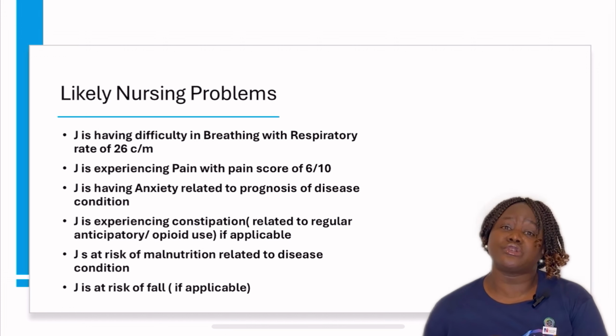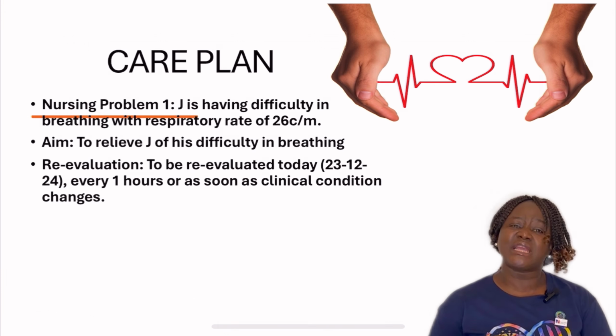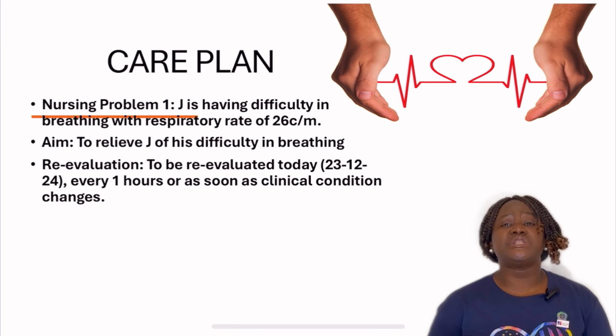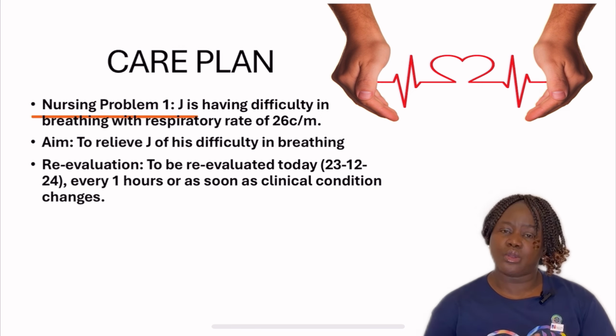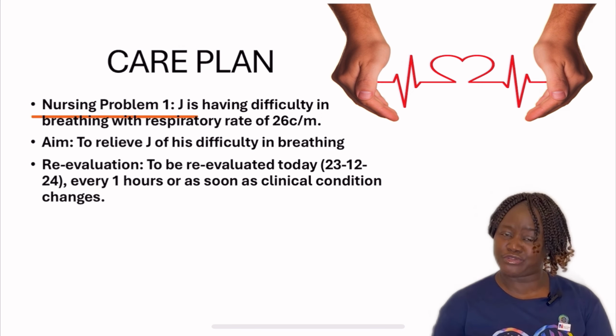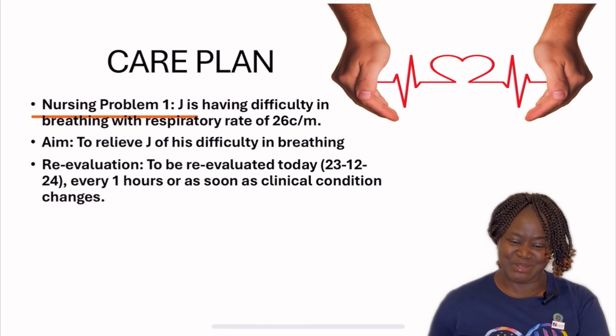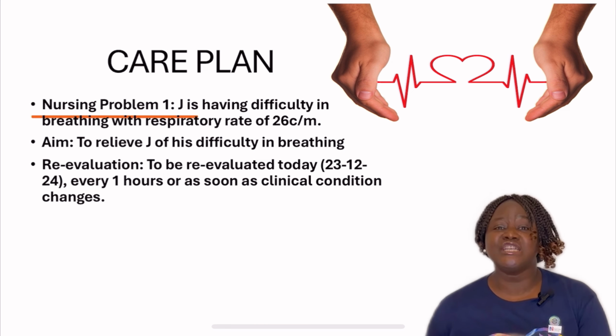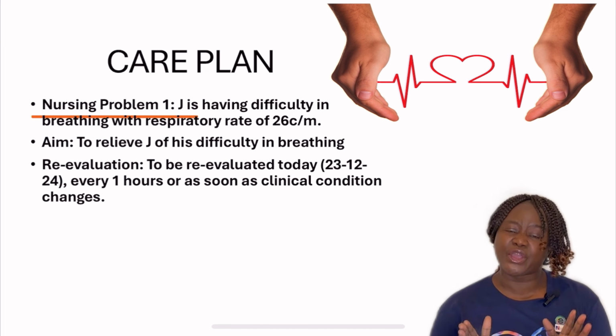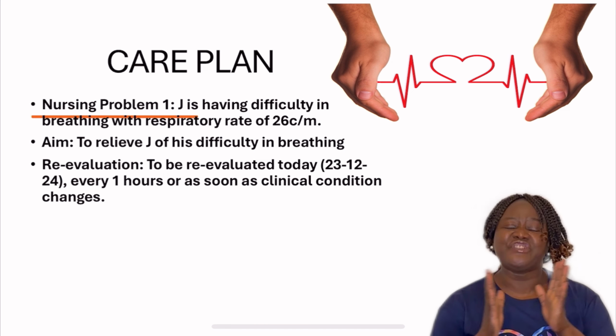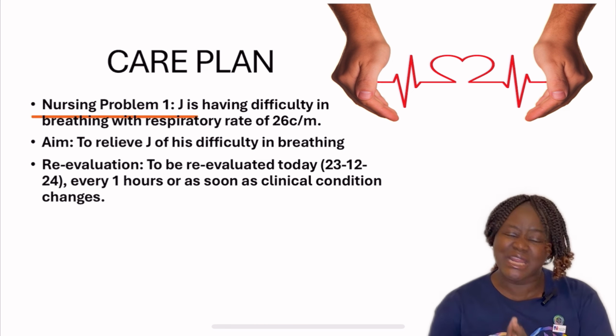So the first one we're going to solve is James is experiencing difficulty in breathing with a respiratory rate of 26. How did I get the respiratory rate of 26? This was from the assessment, so please have a look at the assessment station. My aim of care is to relieve James of his difficulty in breathing, or to relieve James of his shortness of breath.